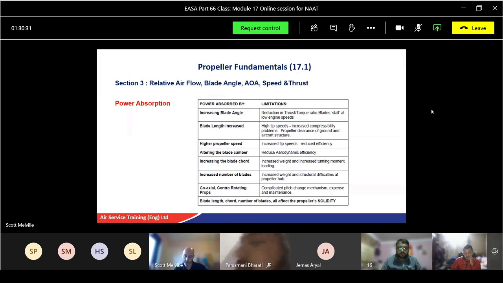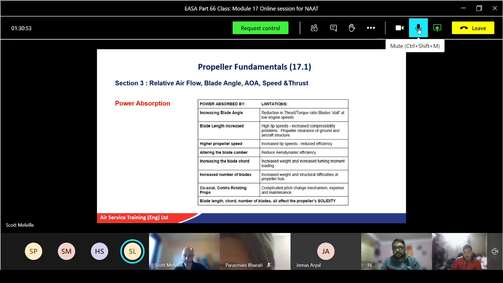Factors which may improve the ability of a propeller to absorb power. We've got five things there, similar sort of things. Number of blades is one. Diameter.